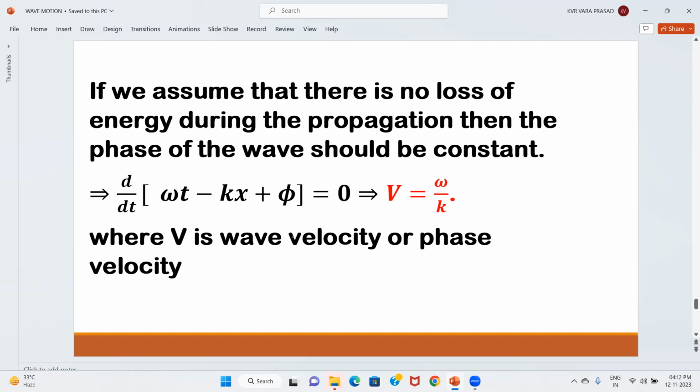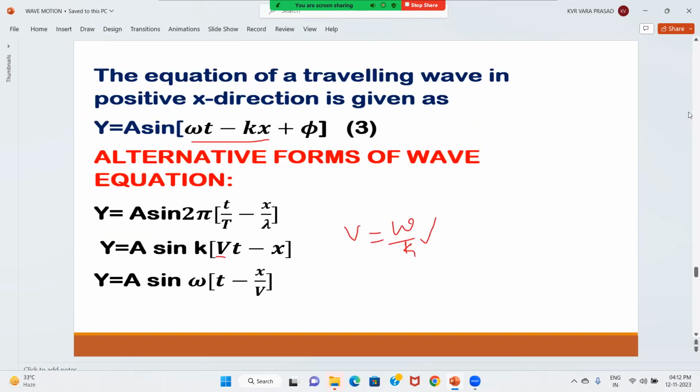See carefully, I will explain here. Suppose the string is like this.